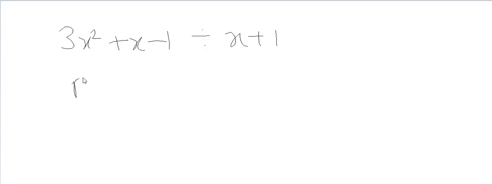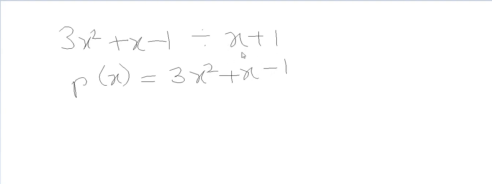For example, find the remainder when 3x squared plus x minus 1 is divided by x plus 1 without actually dividing. So what would we do is let p(x) be equal to 3x squared plus x minus 1.